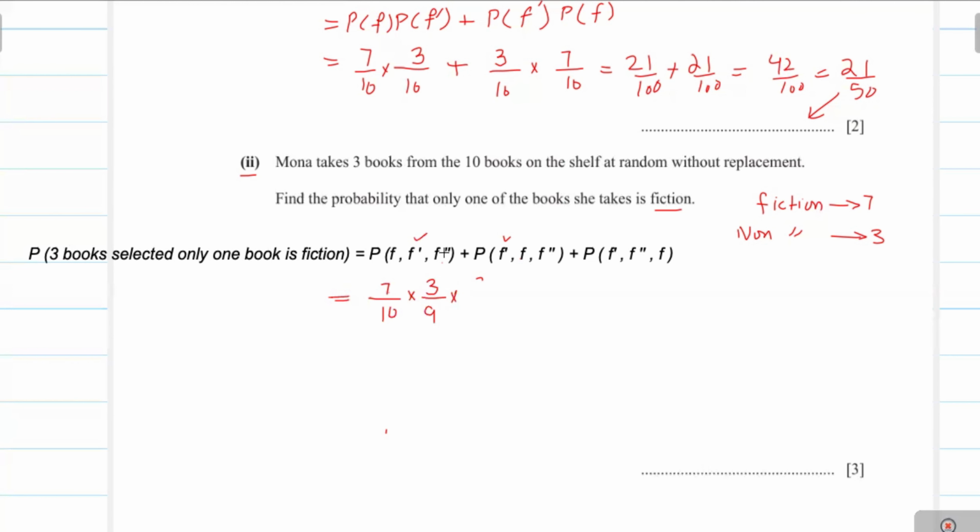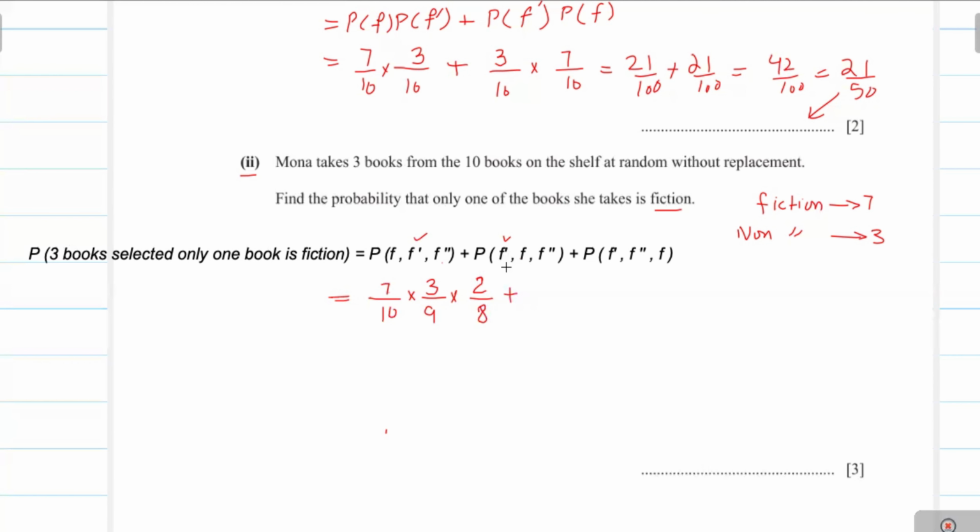And next the third book is selected. The third book is also non-fiction because we have to select only one fiction book. Therefore, the total non-fiction books will be 2 because one non-fiction book is already selected. The total books become 8 because 2 books are already selected.